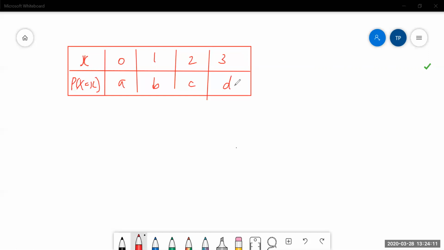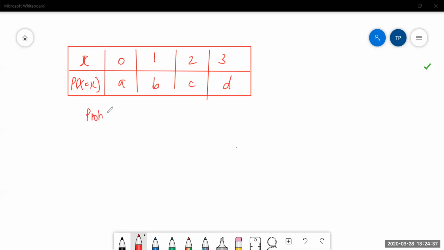What is this called, Renee? What is this table called? It's called something nice. Jamie, what is it called? Probability distribution function. Correct.